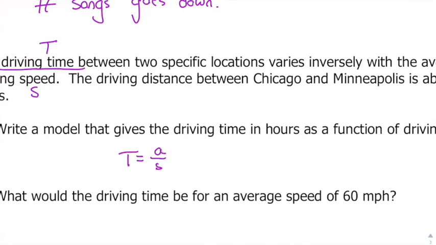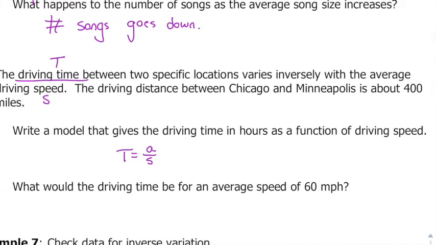And with this situation here, this constant is actually your distance that you're going to be driving. Based off of the speed, if we're going faster, then the time is going to decrease. If the speed is quicker, the time it takes will decrease, and vice versa. So 400 right here is actually our A value.